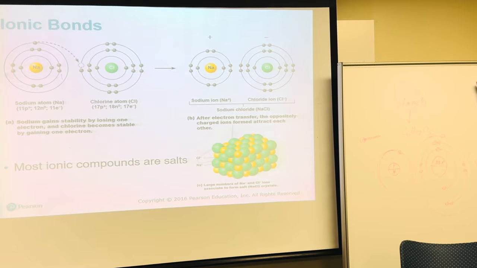So now chlorine has 17 electrons. That means in the first shell they have 2, second shell 8, last shell 7. So to fulfill the octet rule, how many electrons do they need? They need 1 more electron, right? So now when sodium is trying to give 1 electron, chlorine will be like, I want that electron.